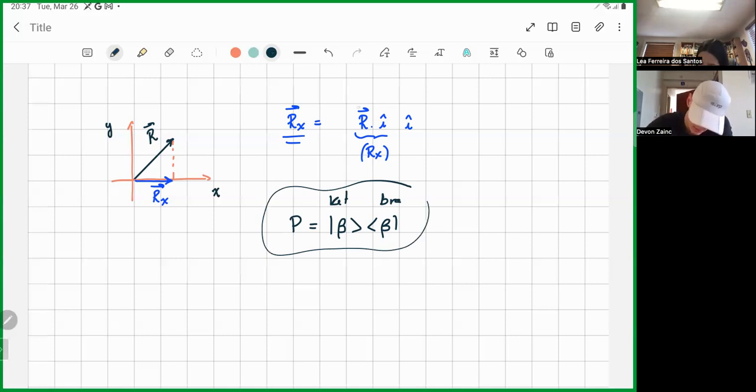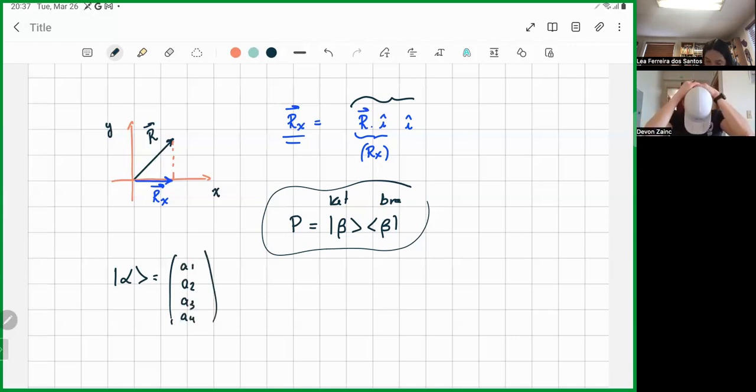Exactly what you saw here. What do I mean? Suppose I had a vector alpha, which is this column, similar to our vector r here.